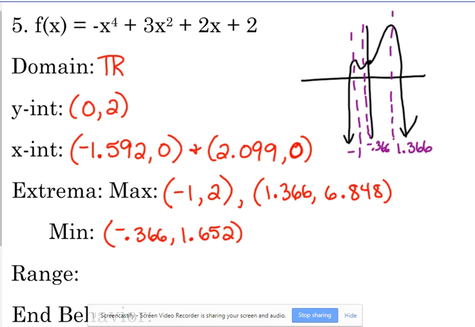And on the far left side of your graph, down there as well, I want you to put negative infinity, and I want you to put positive infinity on the far right side. We're going to use that here in a minute, but I wanted to do it while we were talking about the maximums and minimums. So put the x coordinates of those points, because if I was writing the equation of those vertical lines, it would be x equals -1, x equals -0.366. Vertical lines are x equals.